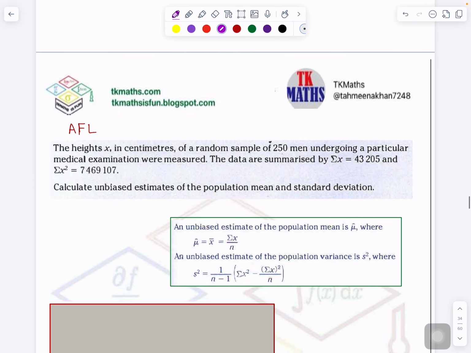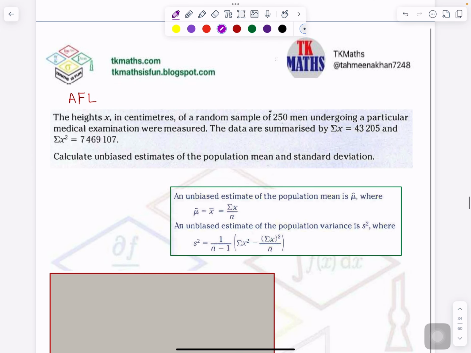So now there is one question to check your understanding. In this question, sigma x is already calculated for you and sigma x squared also. So you have to calculate unbiased estimates of the mean and standard deviation. Now read it carefully, it is standard deviation.